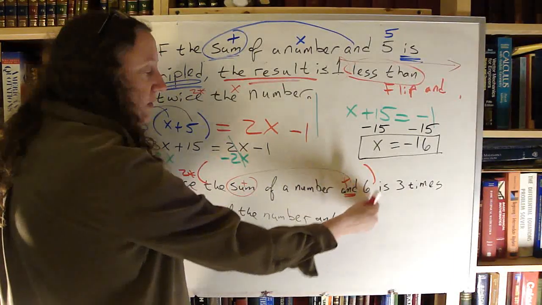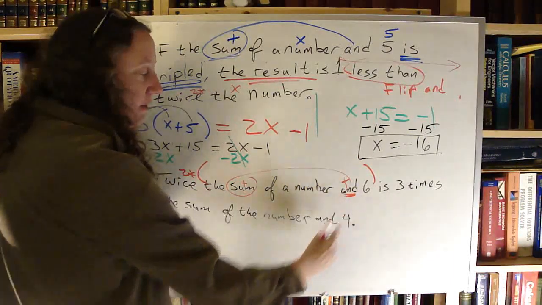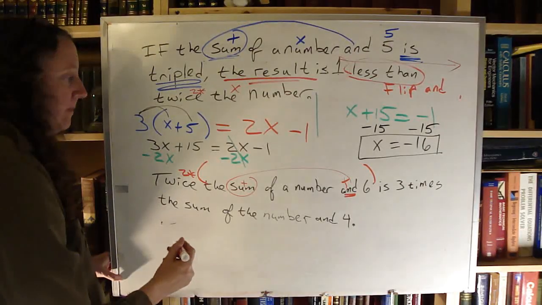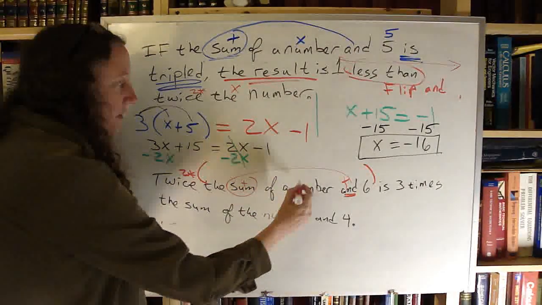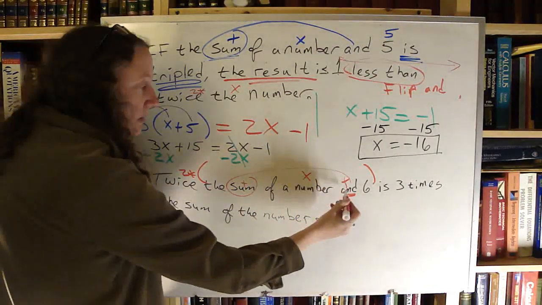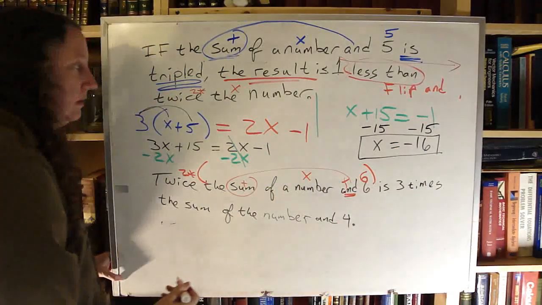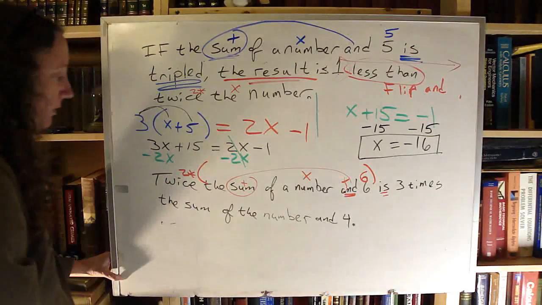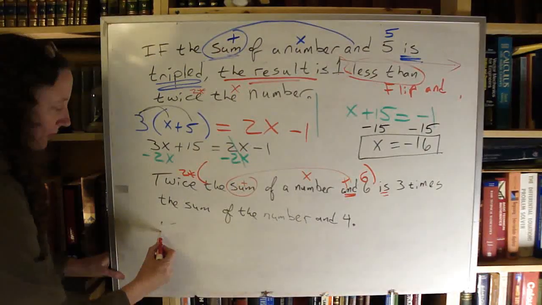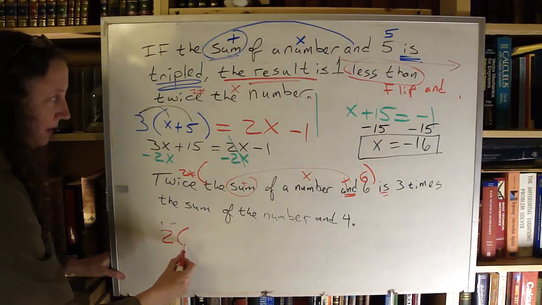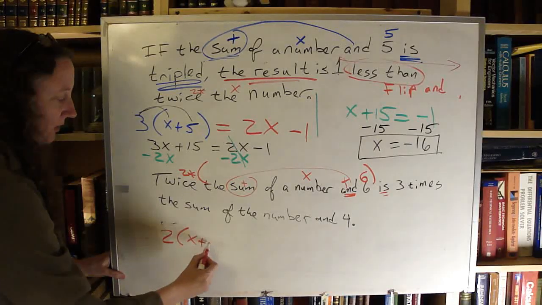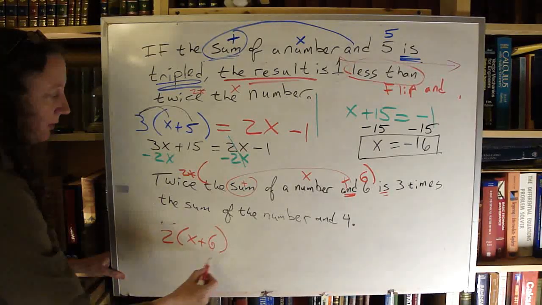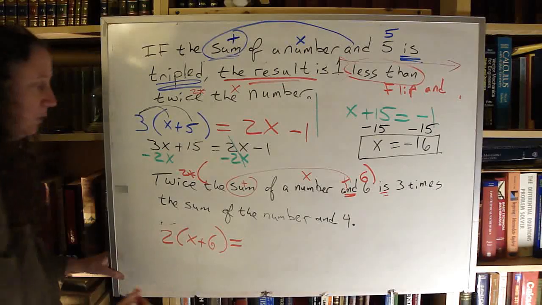I want my parentheses to stop after the 6. So I have x plus 6. And then I have the word is. That means equals. So I'm going to write that down. 2 open parentheses x plus 6 close parentheses equals.